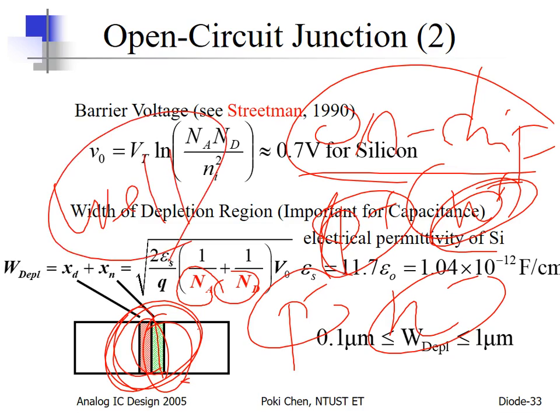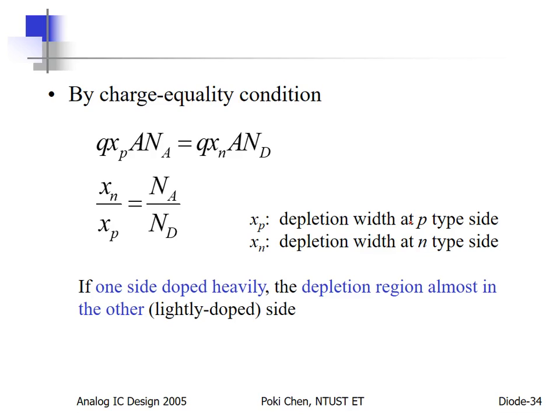Whatever process you have on chip, the substrate and the well are lightly doped. So you had better take advantage of them to generate more energy than the highly doped region. That's it.